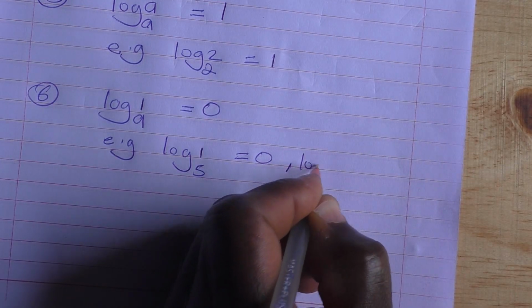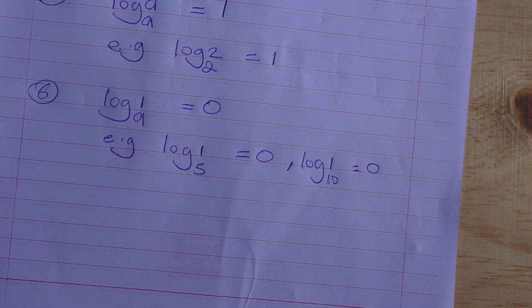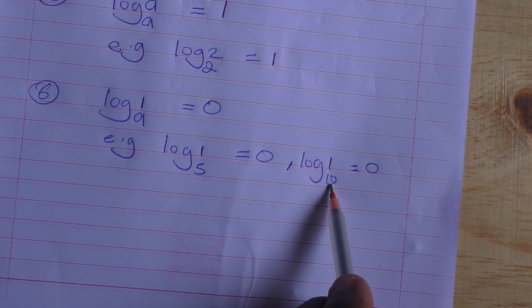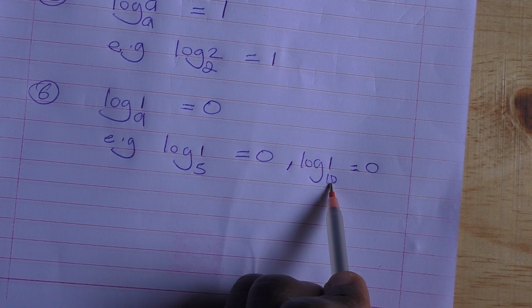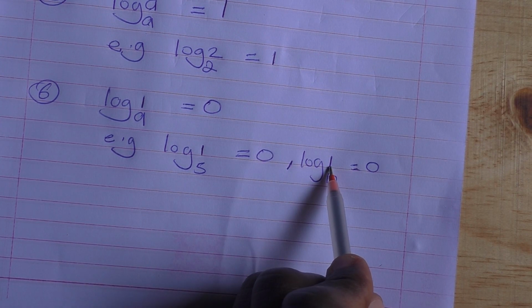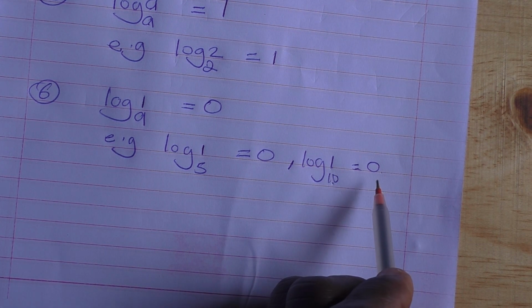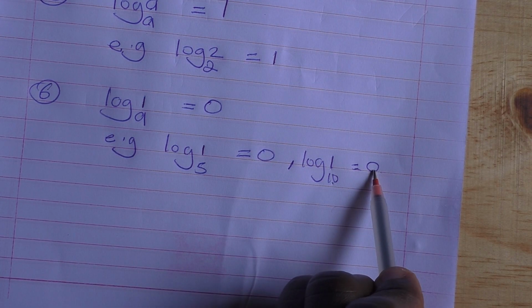Still, we can have log of 10 power 1 still equals to 0. So that means that log of 1, irrespective of the base, however much we have the base, if the power is 1, it is always 0, irrespective of what is the base.